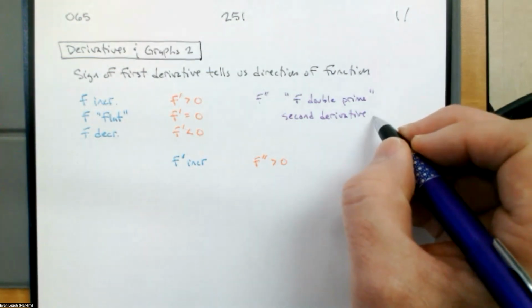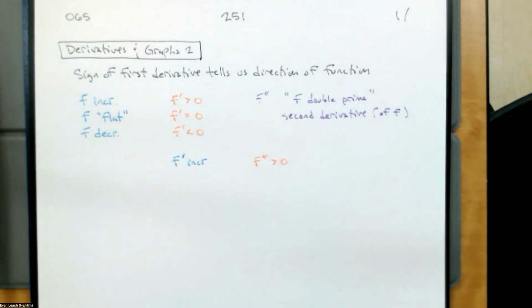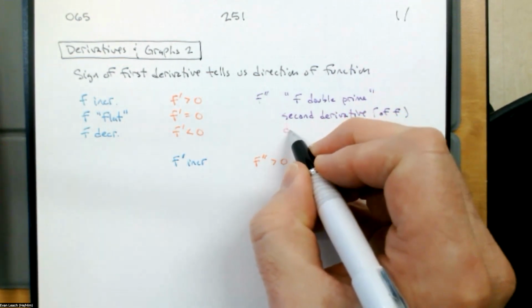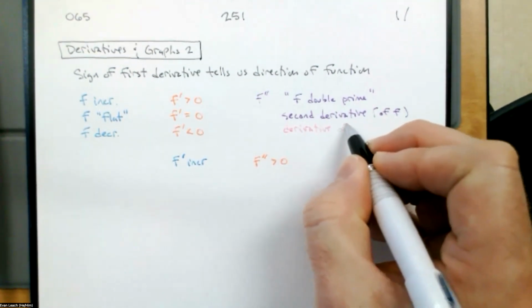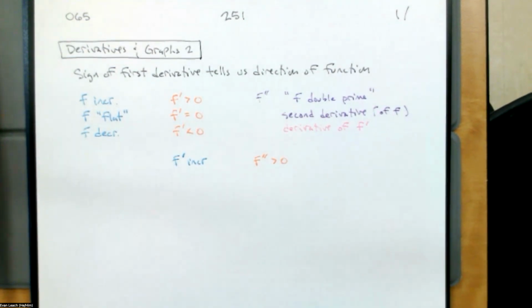Specifically, the second derivative of f is the derivative of f prime.